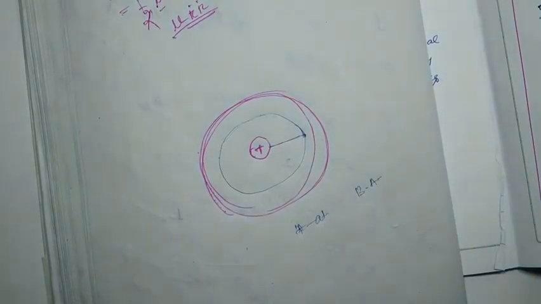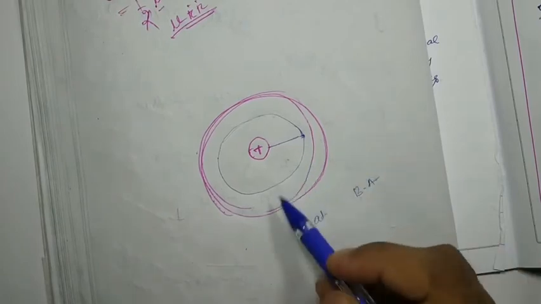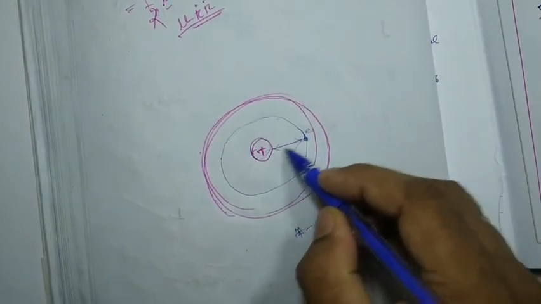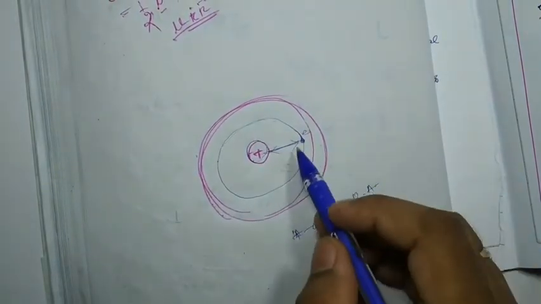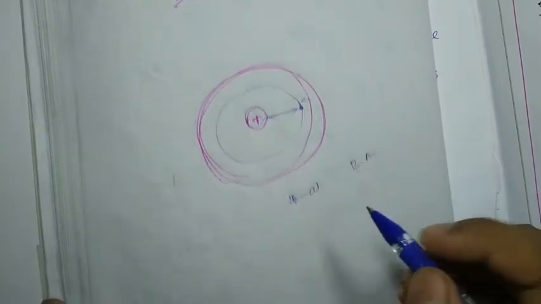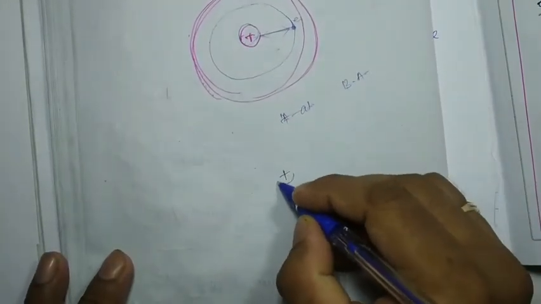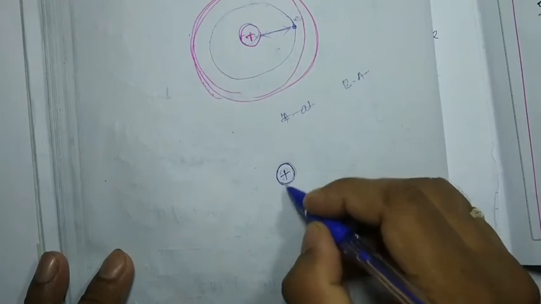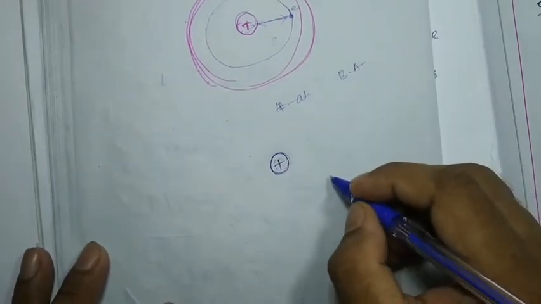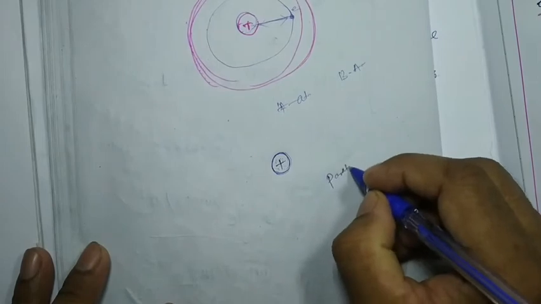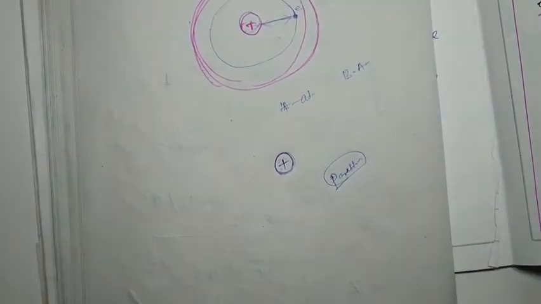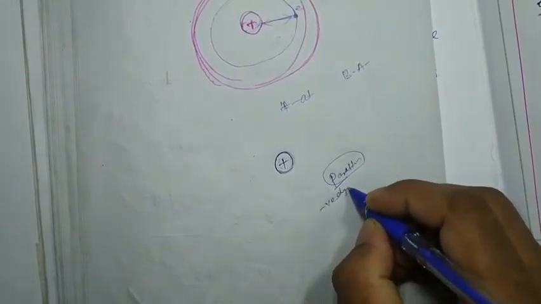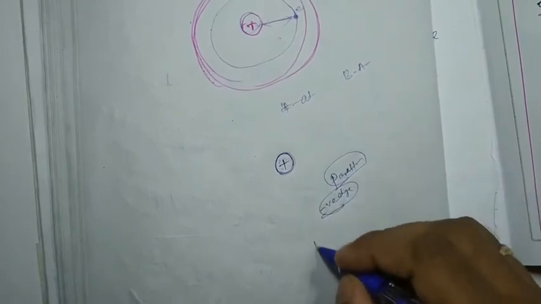Here one can imagine that this is positive and the electron is negative, so they can attract and they can collapse. But according to nuclear physics, if we search inside the nucleus, it is made up of particles which are also made up of negative charges, that you are going to study in detail in your nuclear physics.